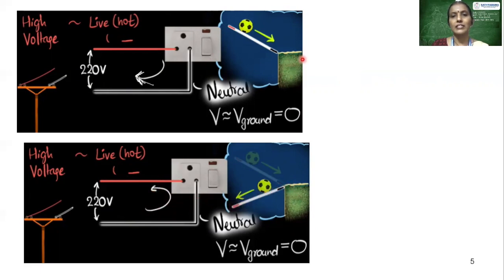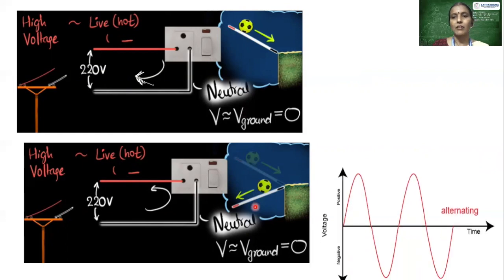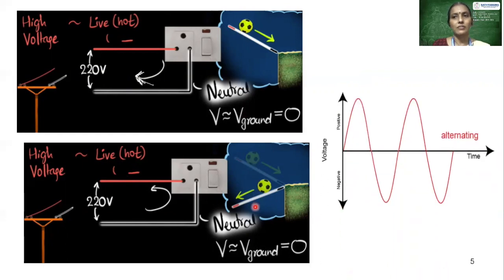You can see in both diagrams the neutral is at ground potential, whereas only the ball moves back and forth based on the potential you give, either positive maximum or negative maximum. So you can always say that the voltage we get for domestic purpose is alternating in nature.